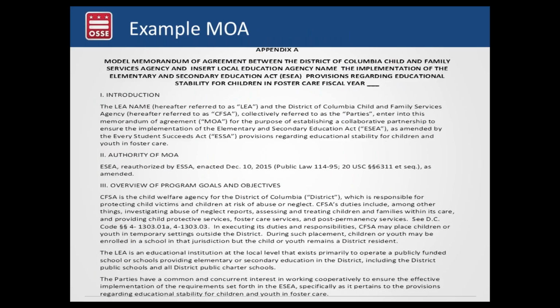And just going back for a moment to the very beginning under introduction, so it would be the LEA and then a non-public school, collectively referred to here as the parties, to enter into this memorandum of agreement for the purpose of establishing a collaborative partnership to ensure the implementation of the Elementary and Secondary Education Act as amended by the Every Student Succeeds Act provisions regarding, and again, the provision of FAPE to students who are placed in non-public schools.